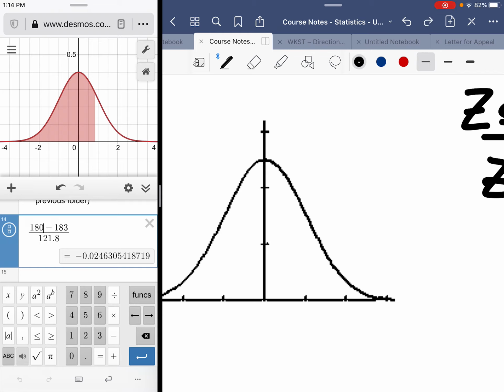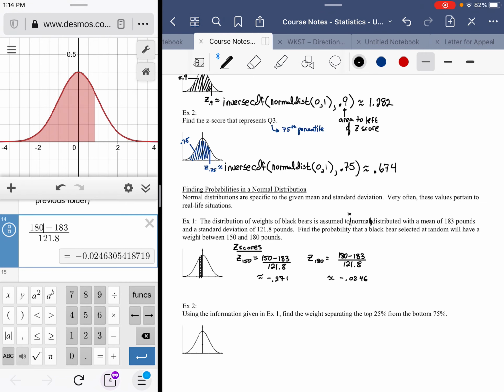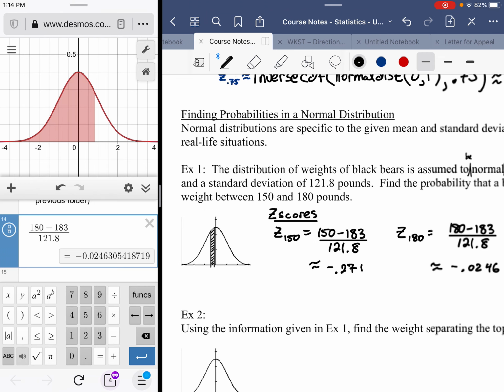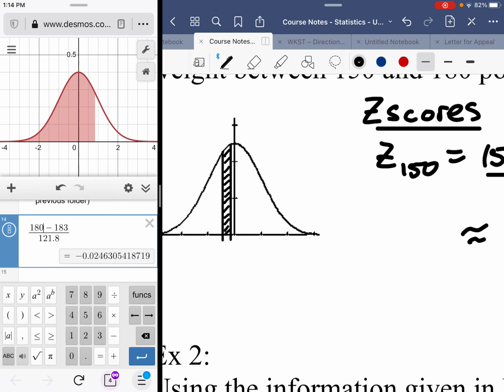I'll make that a little thinner. So we're talking about this little sliver here. Oops, that jumped on me. That was not on purpose. So about negative 0.271.